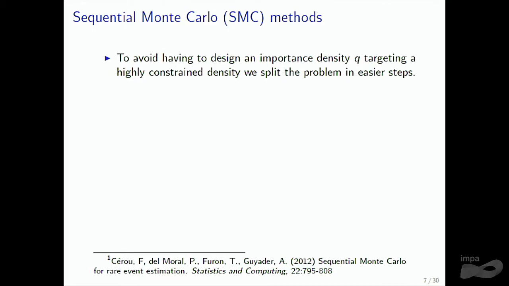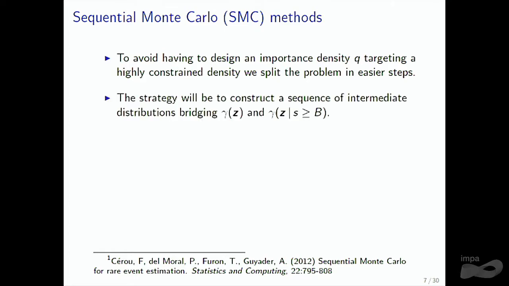The idea is to use what is called sequential Monte Carlo. So instead of trying to design an importance distribution that directly targets the conditional distribution that we are aiming at, what we can do is to split the problem into simpler steps. So we can construct a sequence of intermediate distributions bridging the unconditional distribution, the pi or the phi without any conditioning here, and the conditional distribution we are interested in.